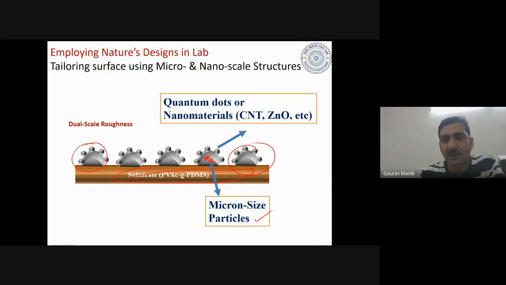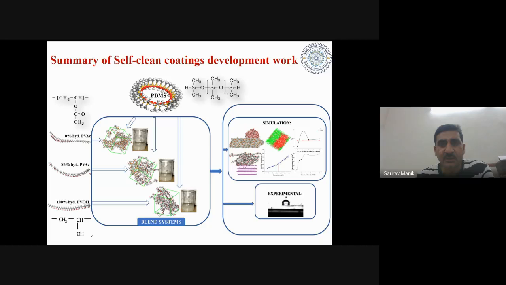There are several chemical and source particles which are available, and then on top of these you could have nanomaterials or quantum dots. Now, this dual scale roughness, which is the micron size roughness and the nano size roughness, actually brings about a tremendous increase in superhydrophobicity or the hydrophobicity. And that's what exactly we've tried to do in our experiments and simulations. And I will try to discuss that.